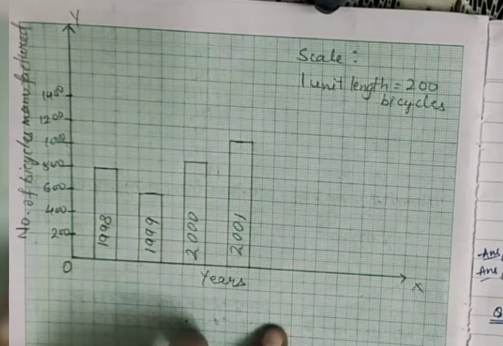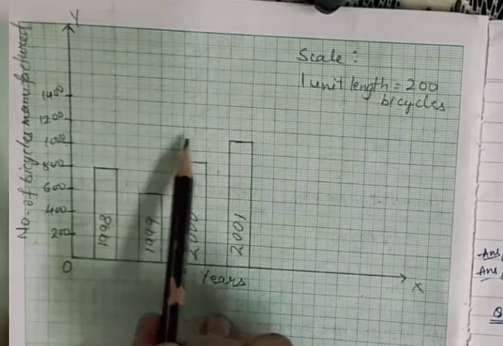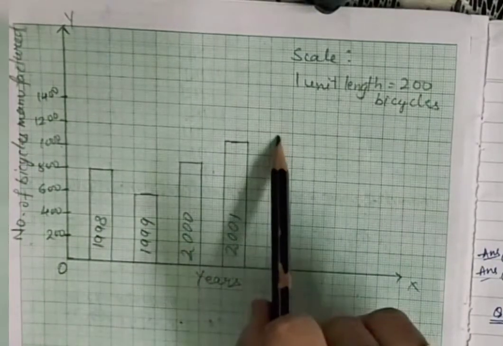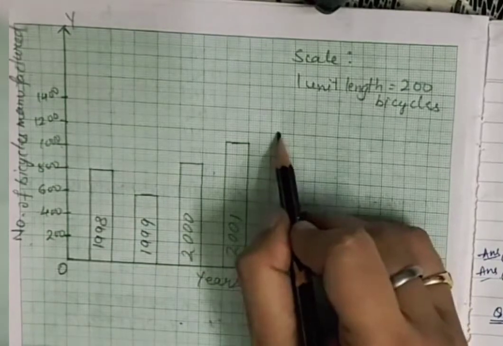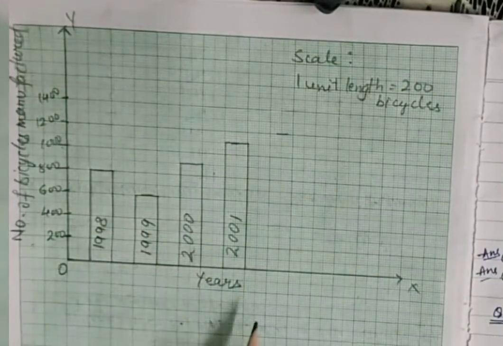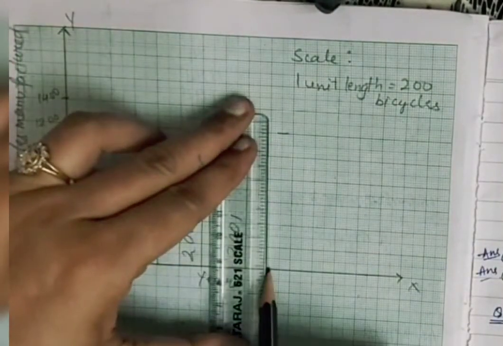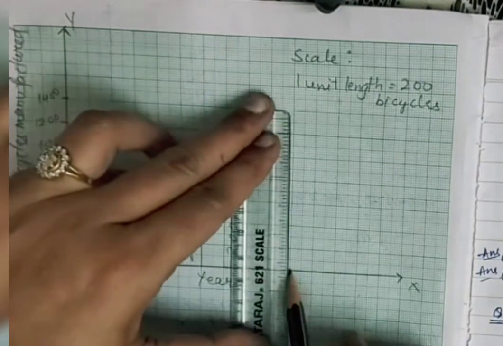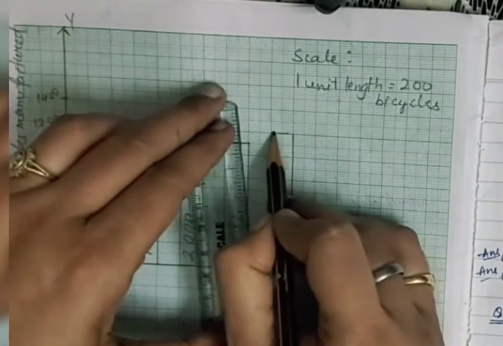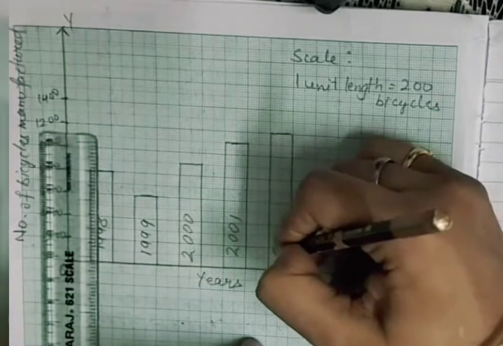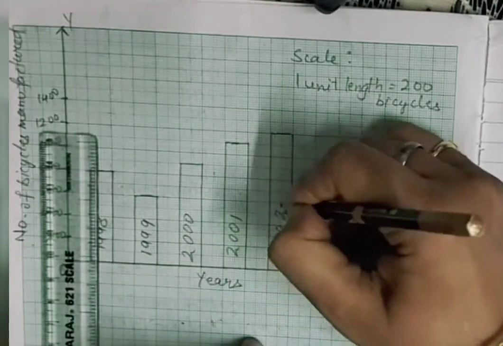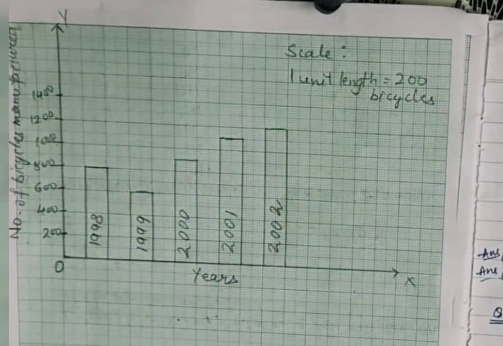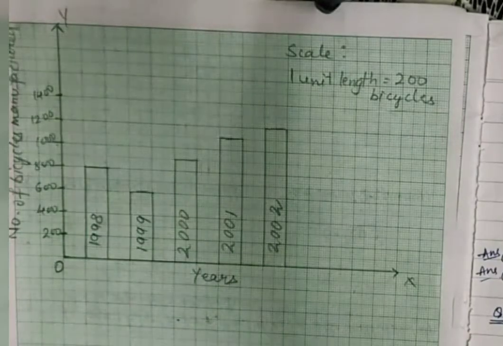Now for 2002 it is 1200 bicycles. So 1200 is here. We can mark it here, and then draw the rectangular bar that will show the number of bicycles manufactured in the year 2002. In this way we can draw the bar graph of this question.